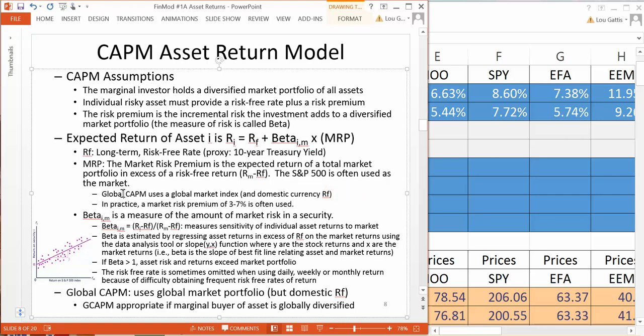All right, market risk premiums, you can also use something called an implied risk premium. So if you were to Google, say, Aswath Damodaran at NYU, go look at his data sets. He publishes something called an implied risk premium every year, and I like to use that sometimes.